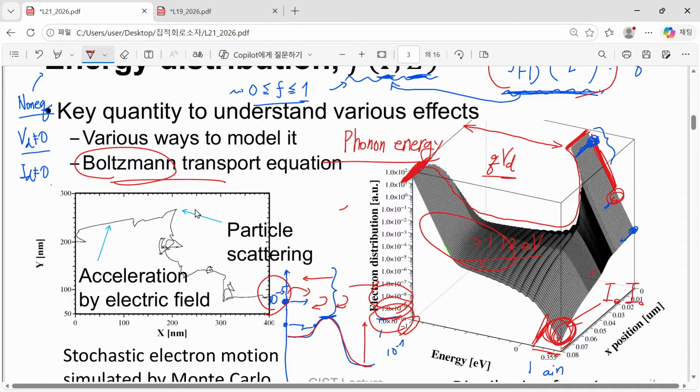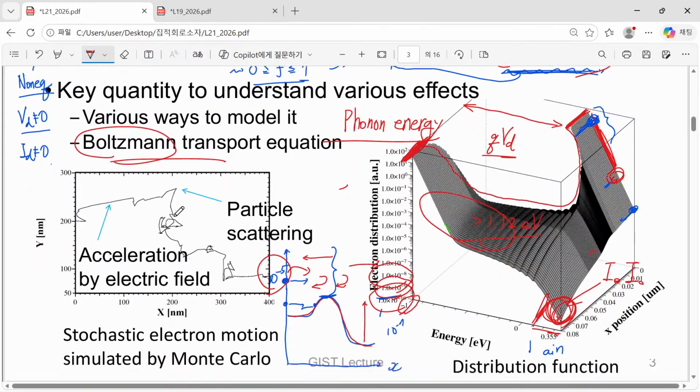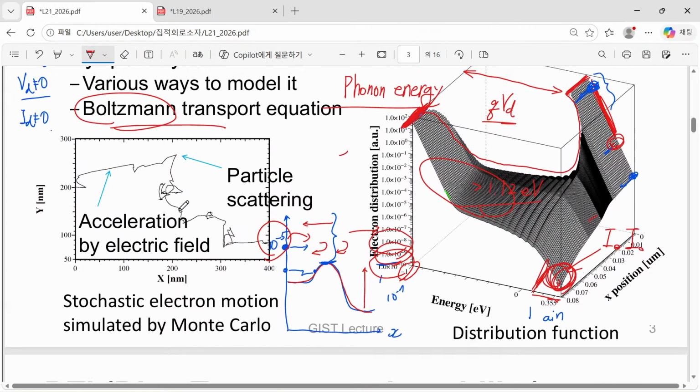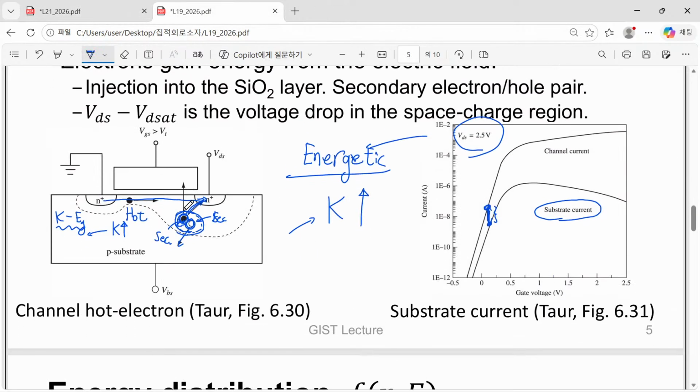We have seen this in our previous lecture. Okay, so that is one thing. And this kind of hot carrier effect, what happens with it? I just told you in the previous lecture.